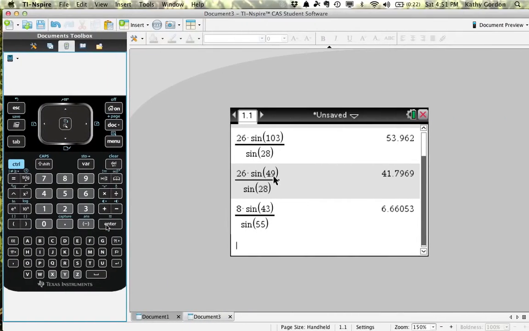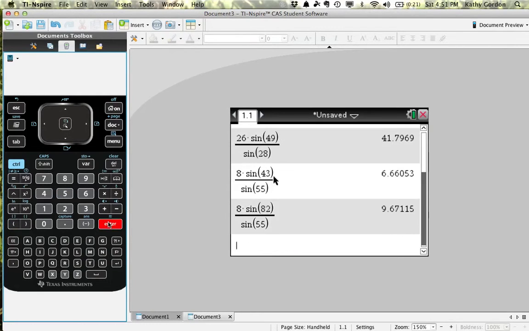Back to our calculator, 8 times the sine of 82 divided by the sine of 55. Control enter.